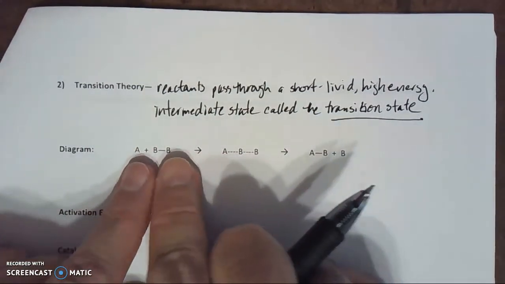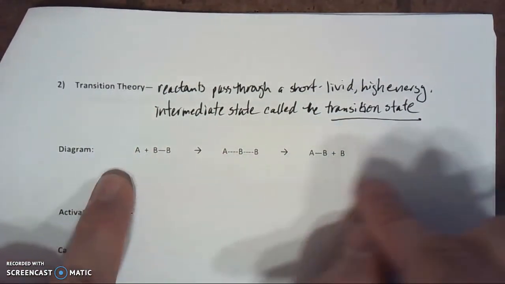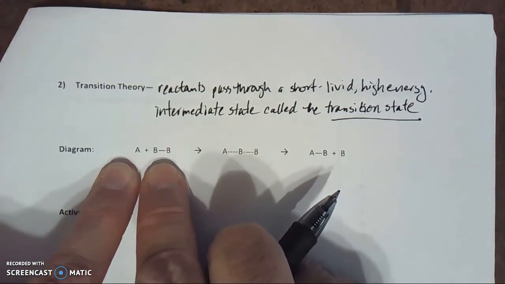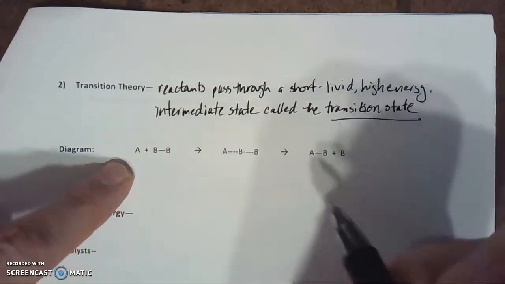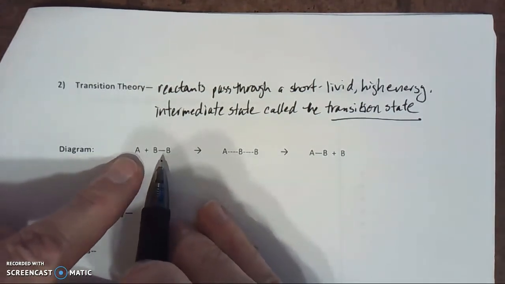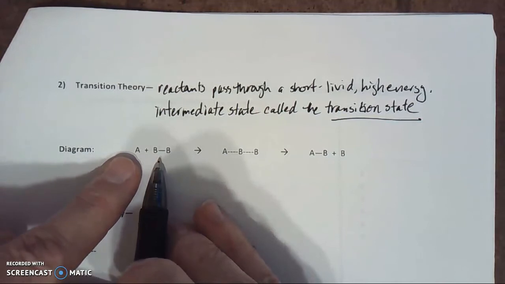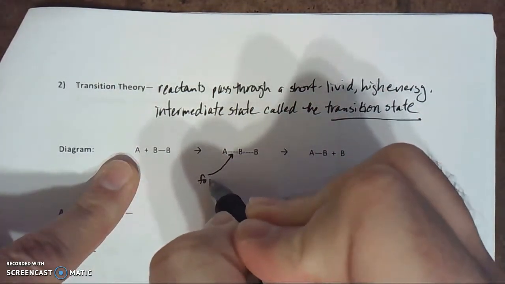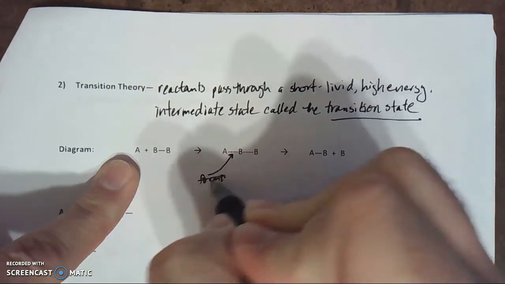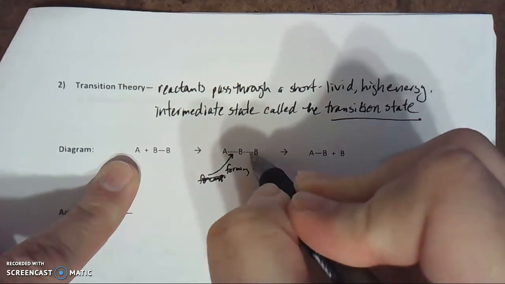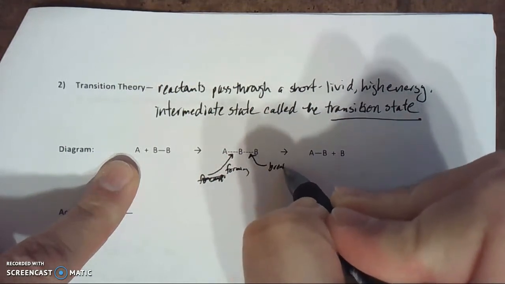If we look at this little schematic, we have A plus a molecule B2. As this starts, if these two things collide and they have enough energy and they're oriented properly, this bond is starting to form and this bond is starting to break.